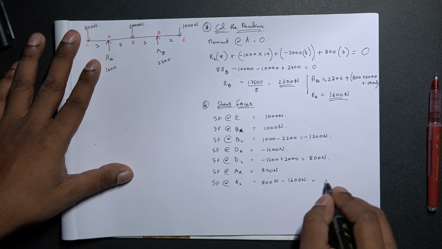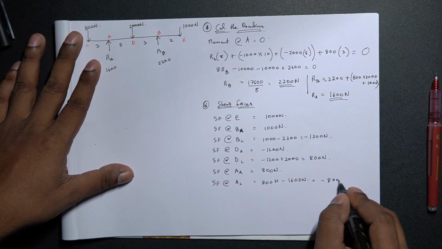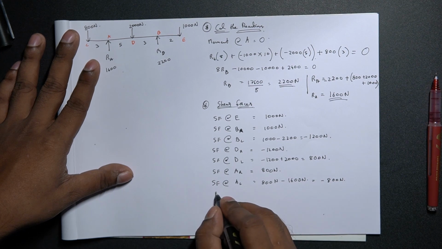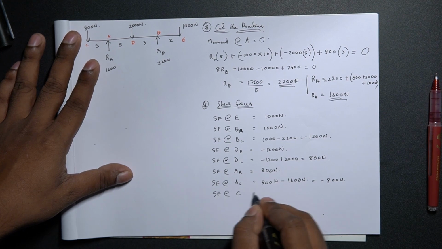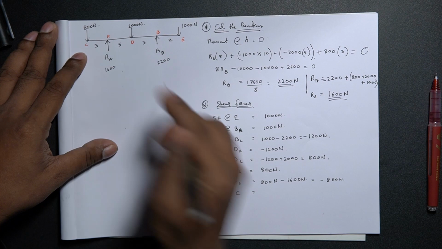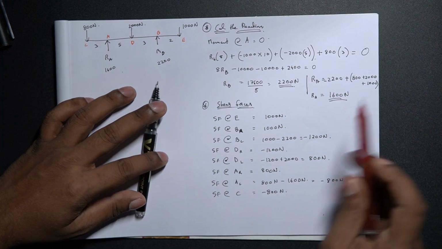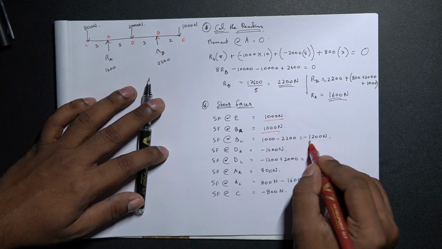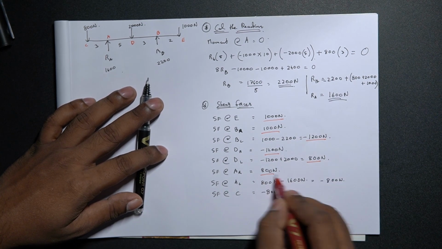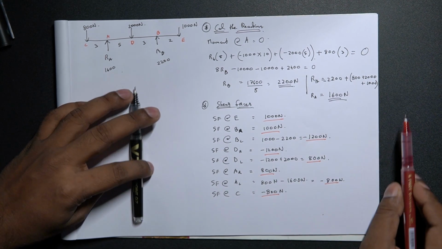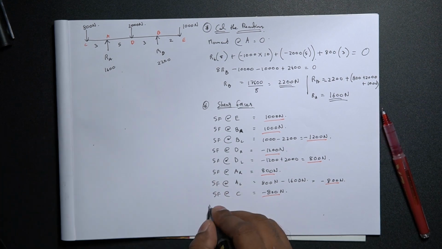So that would give us minus 800 newtons. And shear force at point C, it will reflect the same thing all the way till the end. So 800 newtons. 1000, minus 1200, minus 1200, 800, minus 800. So we have our shear forces. Let's calculate the next step, bending moment.